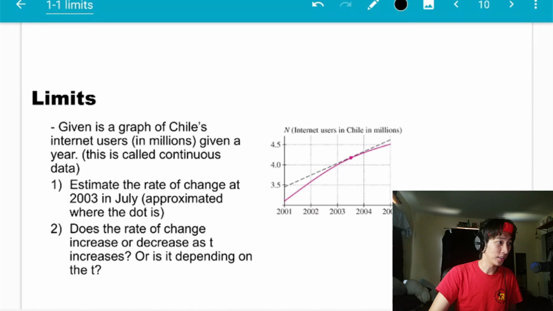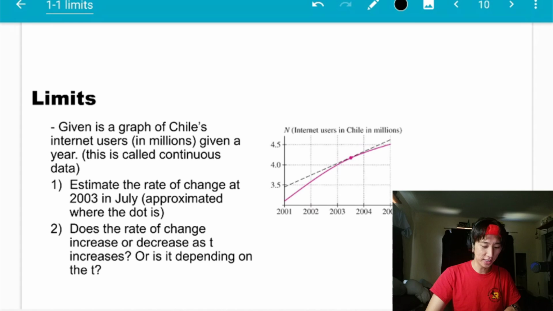So again, the goal of being in this chat was so that way you guys can talk about it. So again, come up with an answer. Does it increase, decrease, or is it depending on the t? So you guys should be conversating. Good luck.